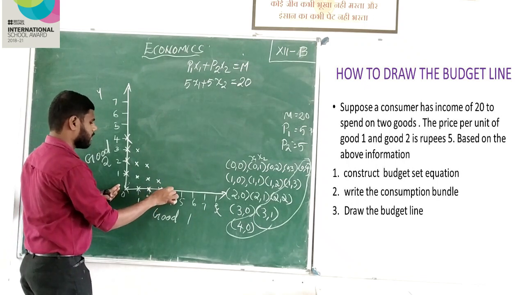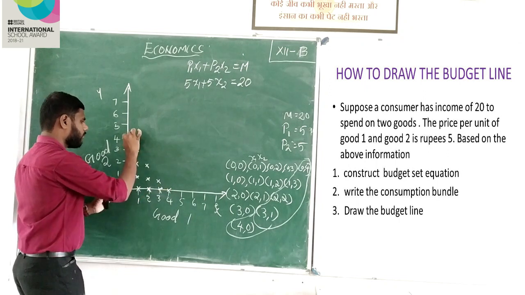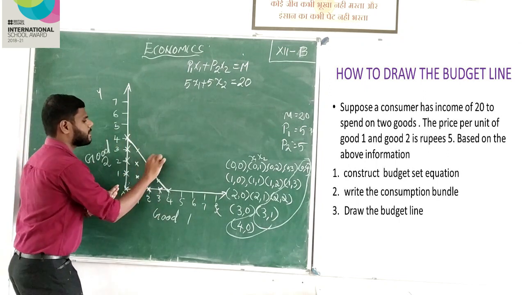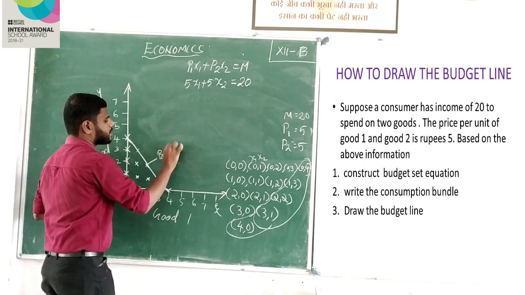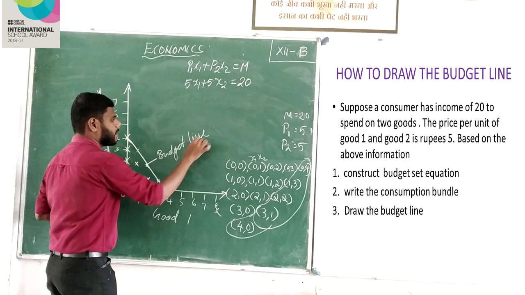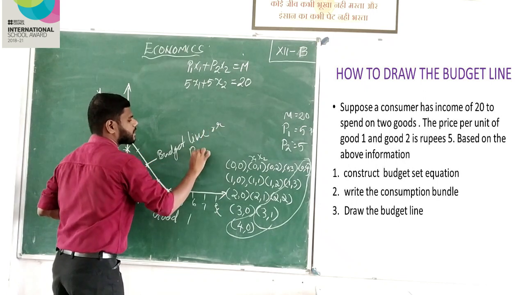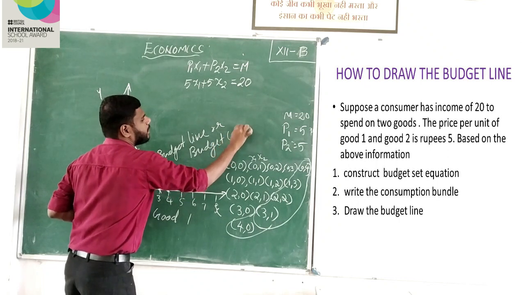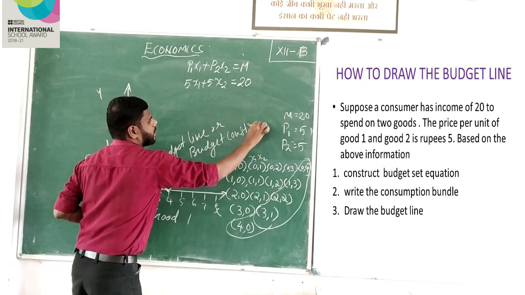So if we join this line, it is known as the budget line or budget constraint.